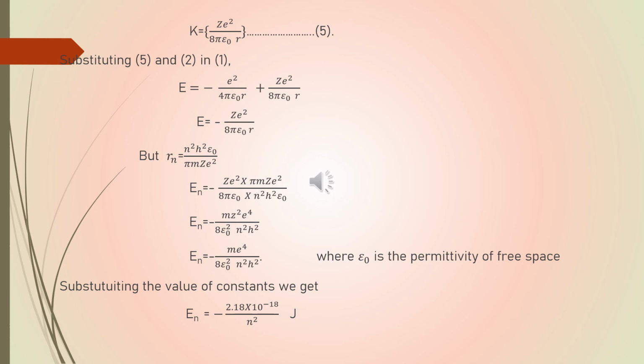We know that the radius of an electron in the nth orbit is n²h²ε₀/πmZe². Therefore, on substituting Rn in the equation of total energy, we get En is equal to minus me⁴/8ε₀²n²h². Substituting the value of constants in the equation of total energy, we get En equal to minus 2.18 × 10⁻¹⁸/n² in joules.